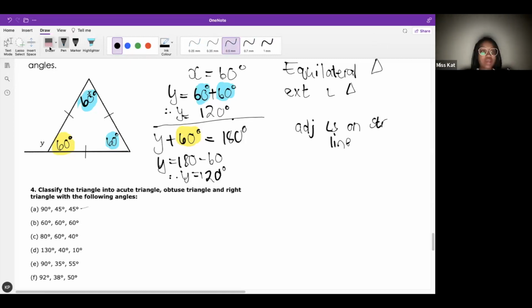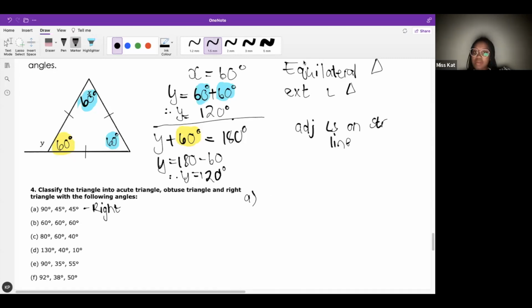What does everybody else say? Some other people say right. It's a right angle triangle because of the 90 degrees. So A is right. Instead of squeezing my handwriting, I'm going to just write here. A is right angled.